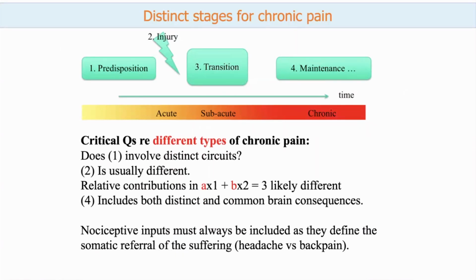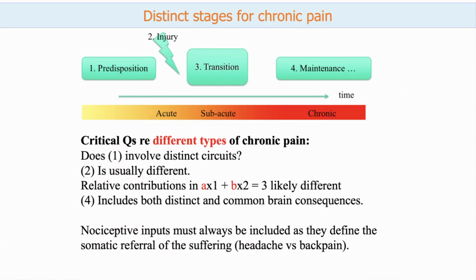So I'm almost done. What I want to emphasize here is that these stages, so overall, what we have learned and how we can generalize from what we have learned is that these risk factors, the injury and the transition, will have distinct properties for different types of chronic pain. Osteoarthritis versus fibromyalgia versus back pain will show different involvement of the peripheral, the central, and the emotional circuitry and their interactions.